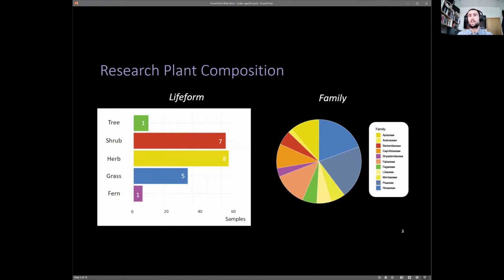The pie chart on the right is a representation of the distribution of families from our plant composition samples, and the colors relate to the bars on the bar graph. Different shades of yellow represent herb. There's one red pie slice that represents the shrubs, and two oranges represent families that contain both shrub and herb life forms.